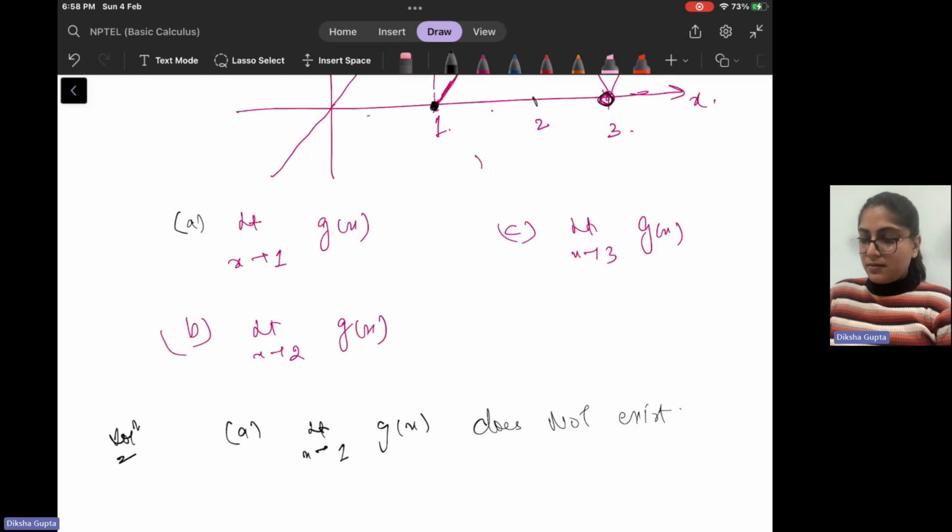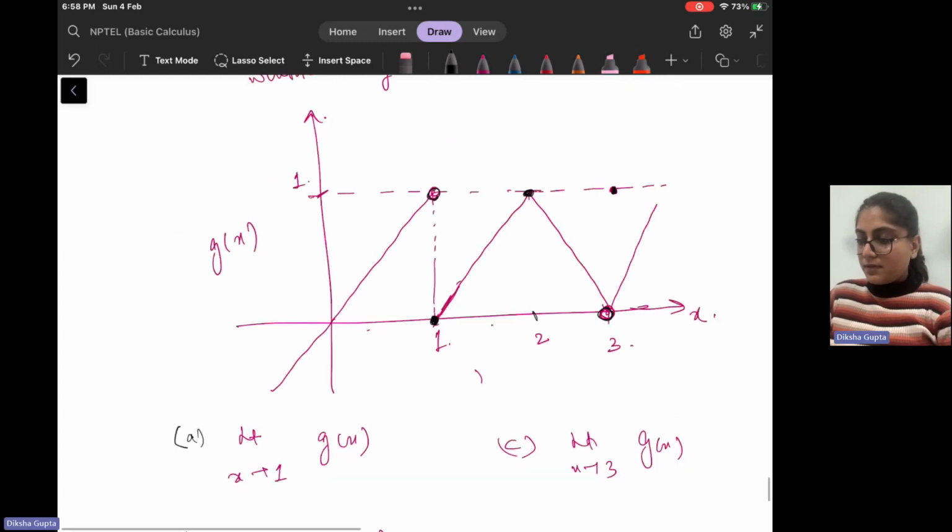Because when x approaches 1 from the left, g(x) is taking the value 1, right?